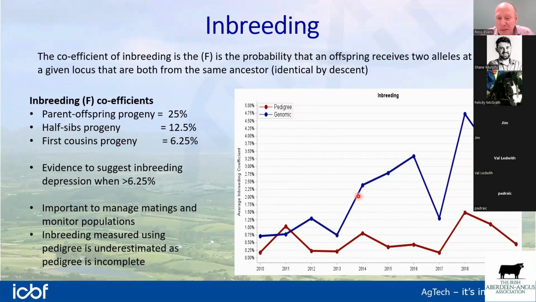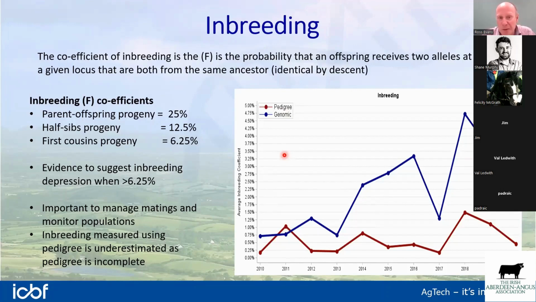One of the reasons may be that with pedigree-based recording, we have an incomplete pedigree, whereas with genomics, we have the full picture of the relatedness between 2 different animals. So we would tend to look at both in combination and make decisions based on that, on what goes into sire advice.